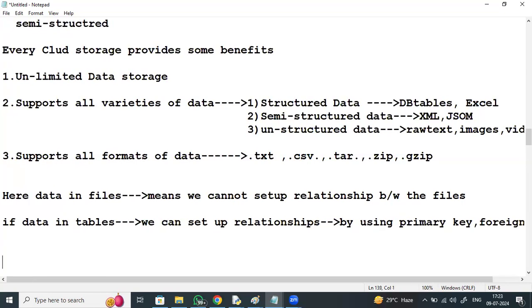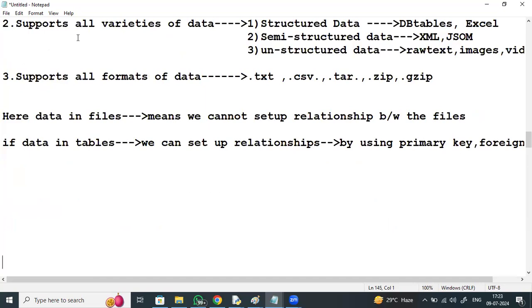For example, I got some files: emp.txt, dpt.txt, attendance.txt, salaries.txt.